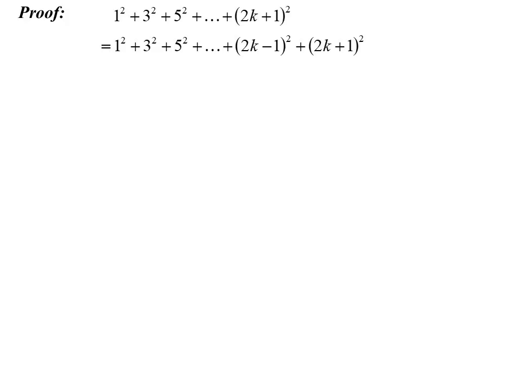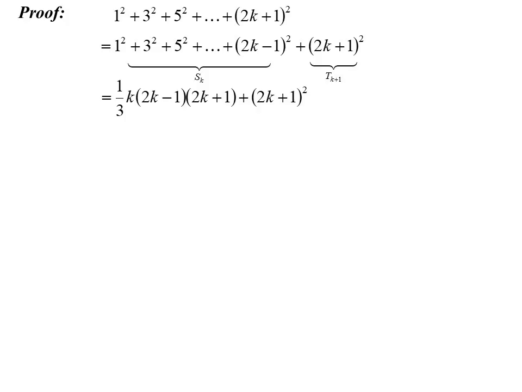What you've essentially got there is the sum of the first k terms, which is your assumption, plus the next term. I can now do the substitution. So that line there highlights, hey, I'm going to replace all of these terms because of the plus dot dot dot. How can I play with algebra when I've got plus dot dot dot? I'm replacing it with something I can play with.